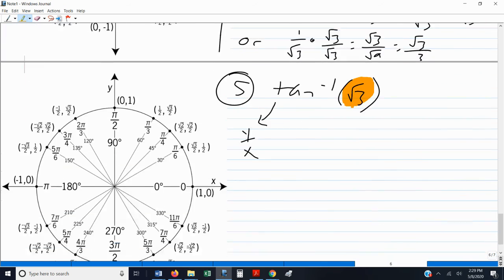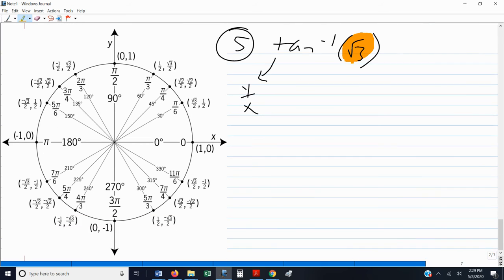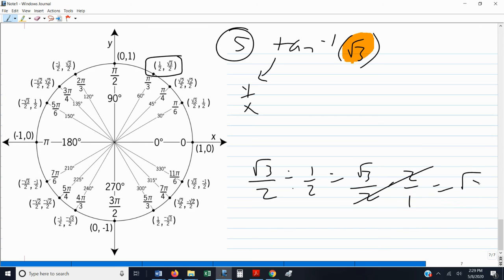If you are trying to do mental math and really visualize this, you would be looking at these coordinates and either writing it out or thinking, let me not put an equal sign there, I'll just do this work off to the side. Is the y value divided by the x value going to give you root 3? And it does, and maybe you're even jumping away from that.